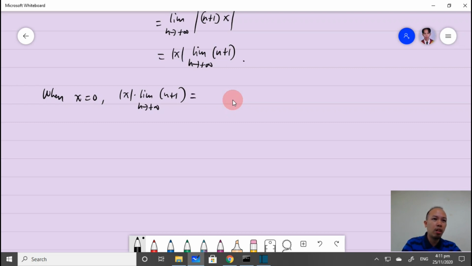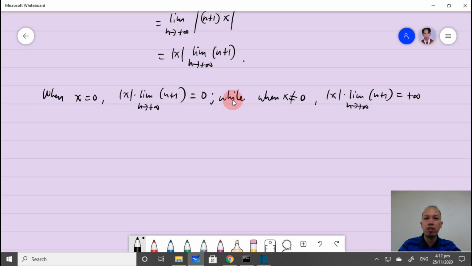So for whatever n, this is 0. While when x is not equal to 0, the value of this expression on the right hand side, as n approaches infinity, is positive infinity.